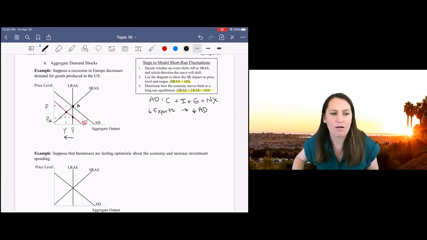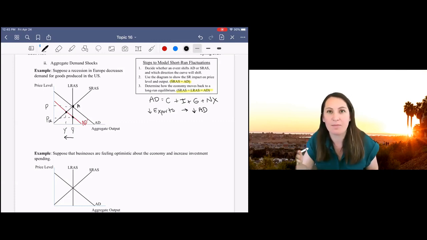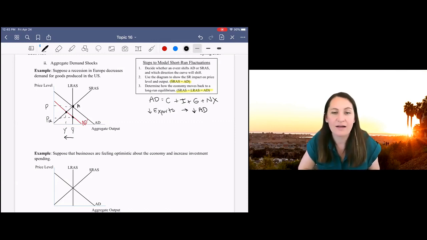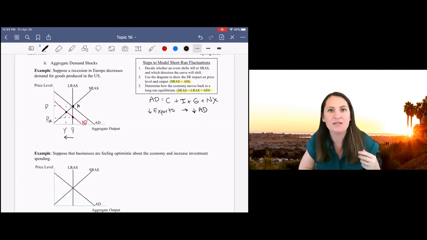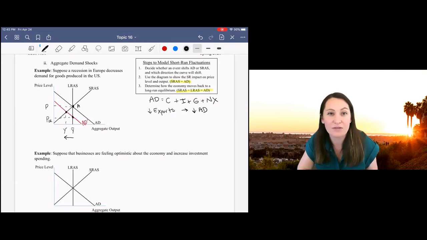Now, that's what would happen if the economy was functioning perfectly and we didn't have that upward-sloping short-run aggregate supply curve. But because we have these market imperfections, right? We have sticky wages, sticky prices, or misperceptions, or some combination of those. It's difficult for us to adjust to a new price level in the short run.